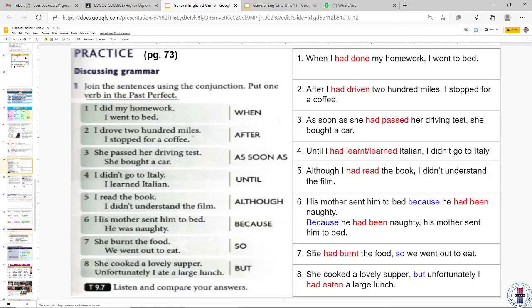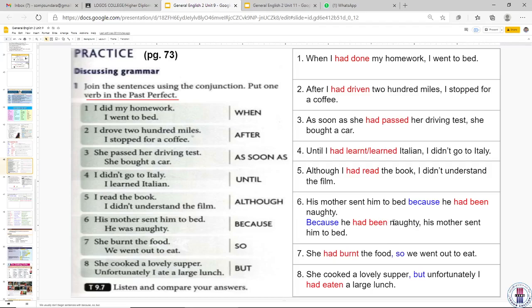I want you to look at number 6, 7, and 8. Because, so, and but. Right. Notice that, look at number 6. His mother sent him to bed because he had been naughty. Right. So he was not being a good boy. And his mom was like, okay, go to bed. So this happened first. Right? Look at the next one.